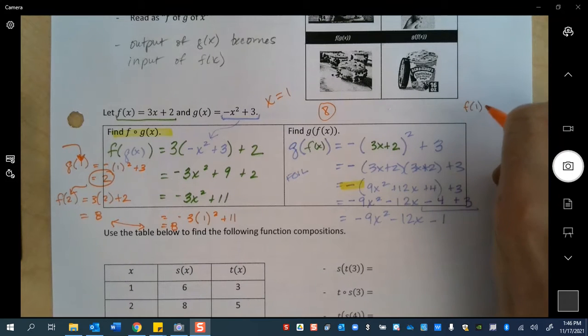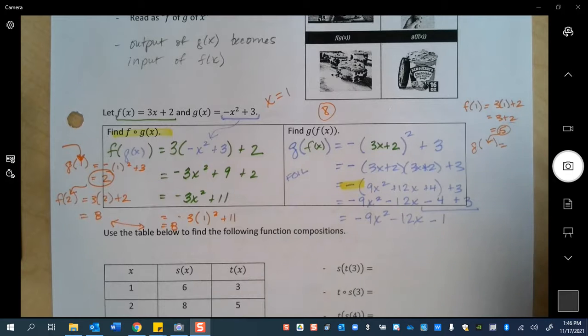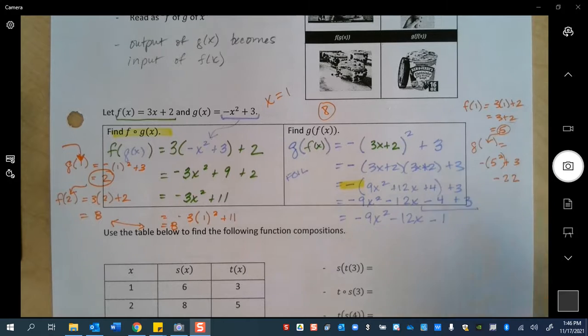So f of 1 becomes 3 times 1 plus 2. F of 1 is 3 plus 2, or 5. Which means my g function becomes g of 5. Which means I want the opposite of 5 squared plus 3. So 5 squared is negative 25. Negative 25 plus positive 3 is negative 22.